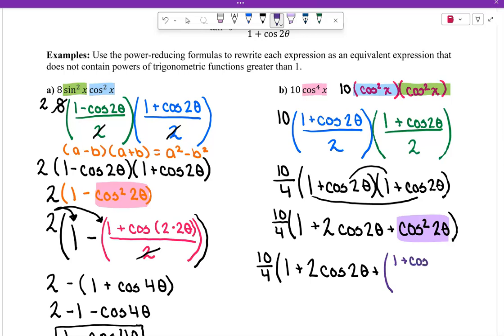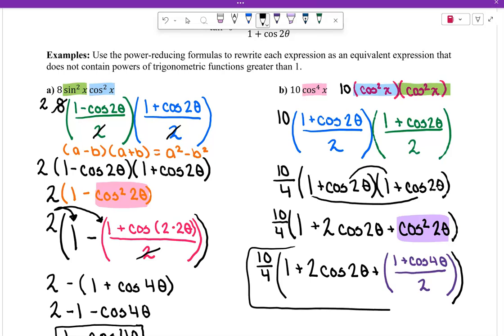And we already know what that's going to be. It's going to be 4 theta all over 2. Probably make that one a little bit bigger. Close that. I know it's a little messy, but here's our answer. All of our powers are 1.